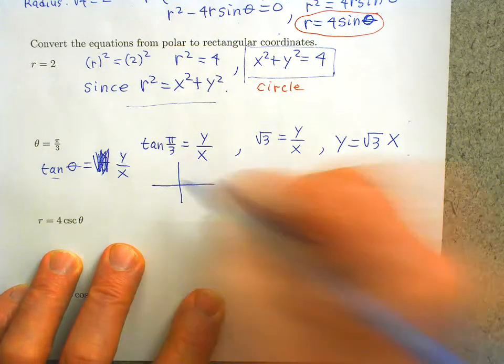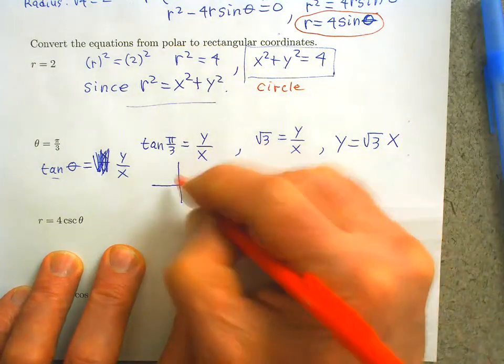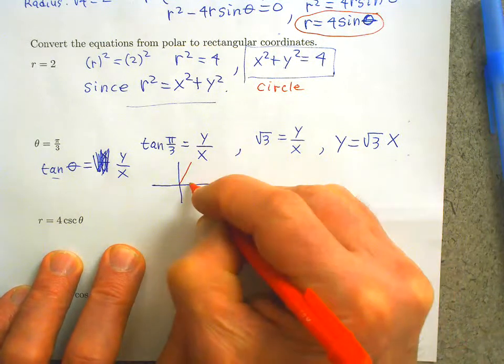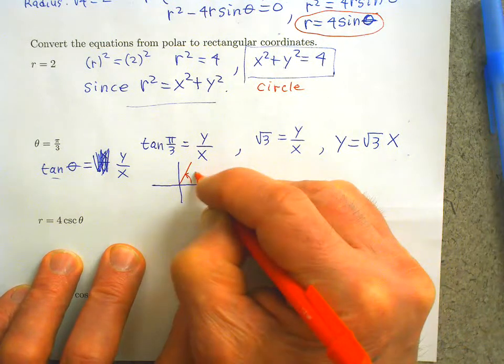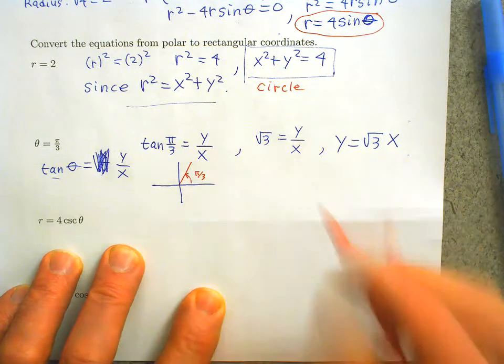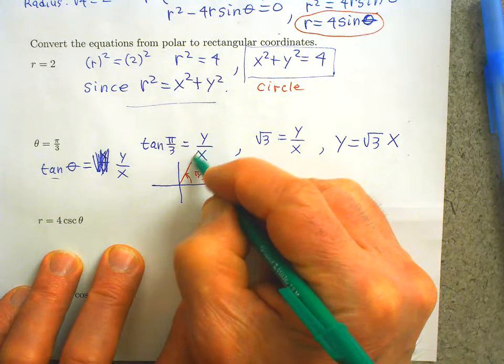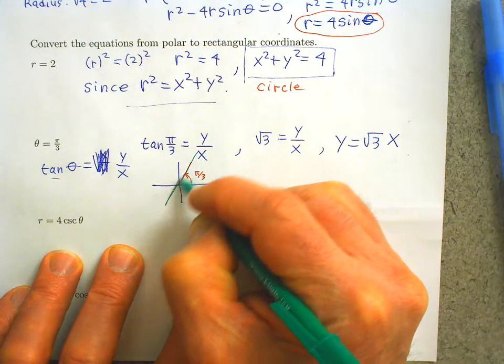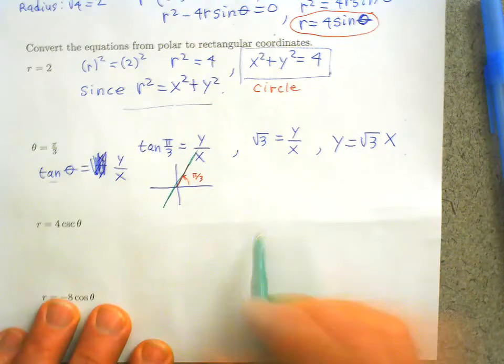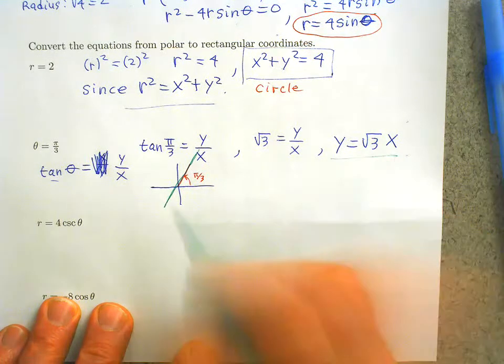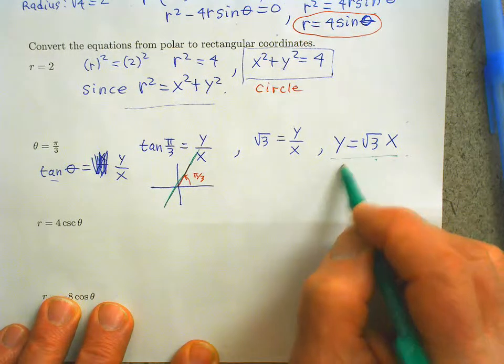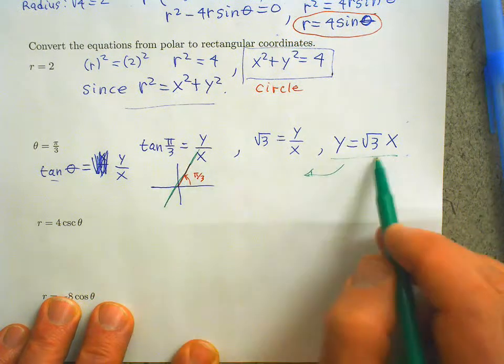So if you have an angle of pi over 3, and if r is allowed to be any number, then you just get a straight line. And we know that this is a straight line that passes through the origin. So those two equations are equivalent.